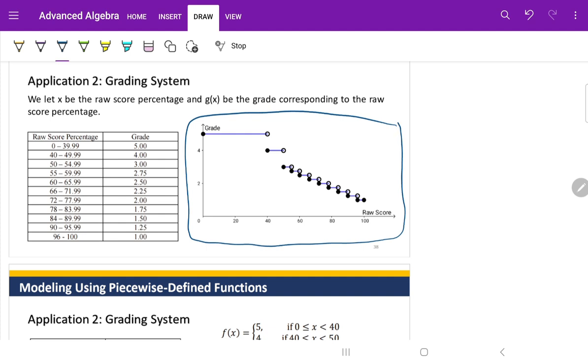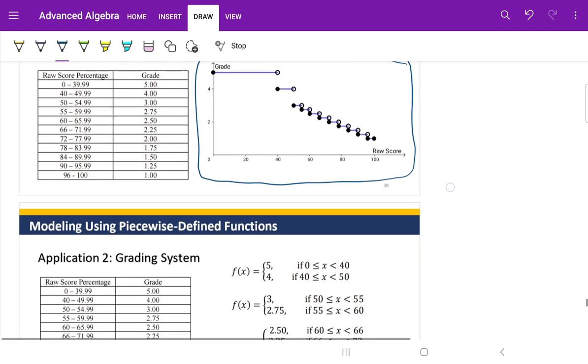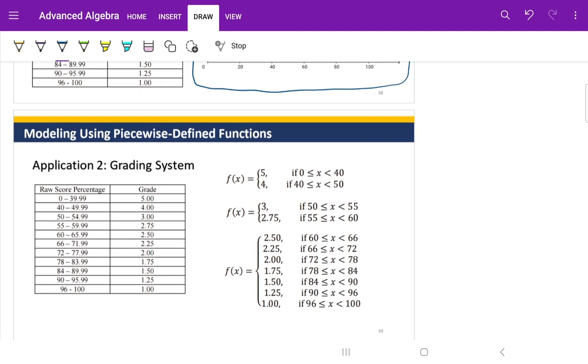Again, this is a step function, and by manipulating the step function, we can have this piecewise defined function.